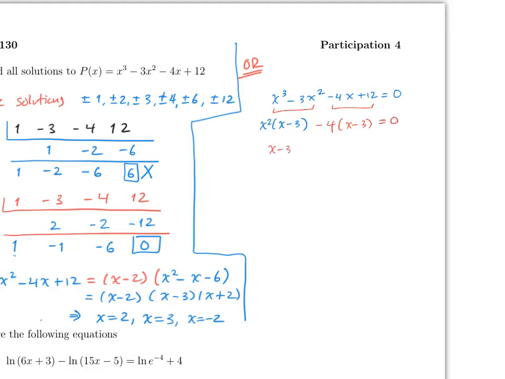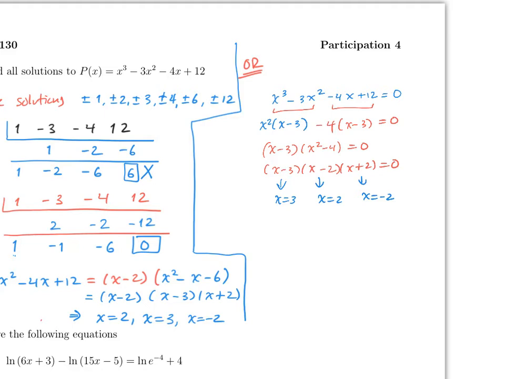So then this will be x minus 3 times x squared minus 4. So this is x minus 3, and x squared minus 4 is x minus 2, x plus 2, and therefore the solutions will be 3, 2, and negative 2. And again, this is perfectly fine, so you can just do it this way.